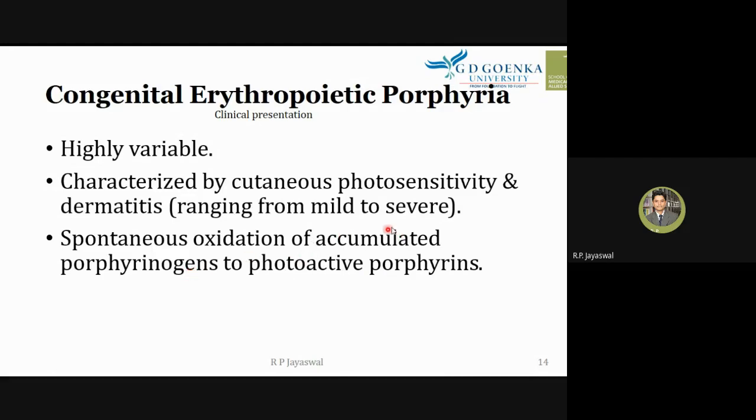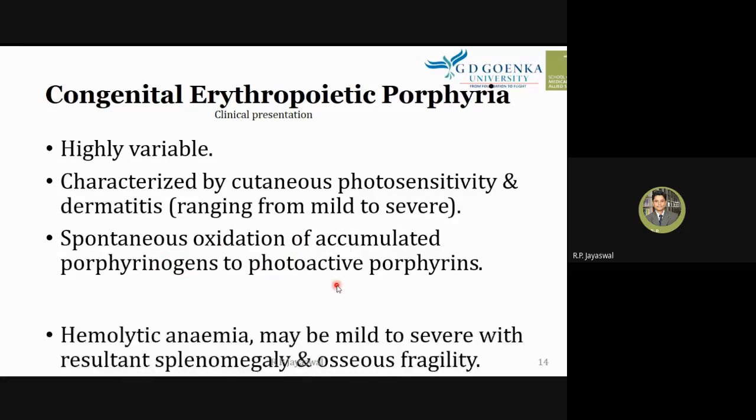So this porphyrinogen, which is accumulated, is usually oxidized spontaneously because of the sunlight. So when there is exposure to sunlight, this porphyrinogen which is accumulated in the tissues is oxidized in the presence of sunlight and it becomes porphyrins.